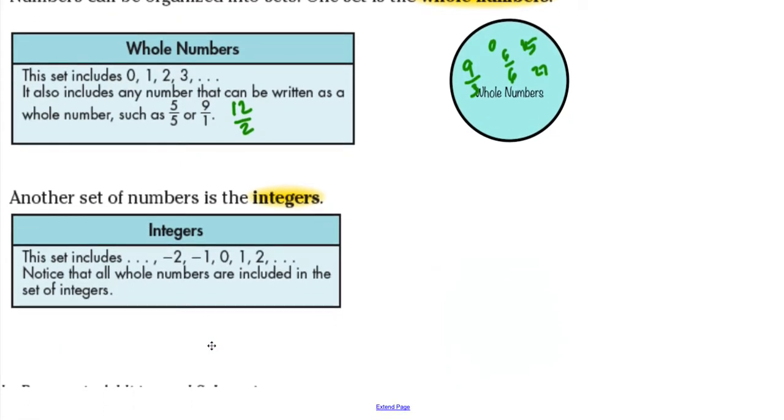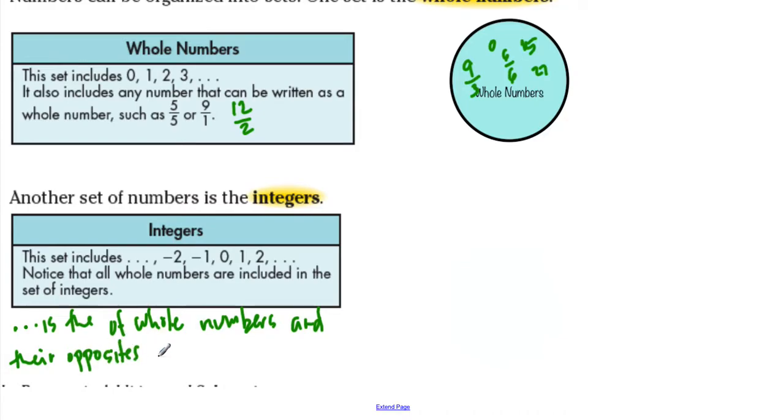Let me define the set of integers for you as well. The set of integers is the set of whole numbers and their opposites, including 0.